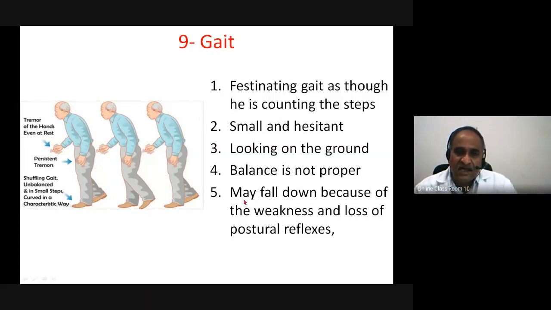Sometimes because of the poverty of movement or akinesia, he will not be able to come back to the original position. He may fall down because of the weakness of the muscles. So he will have a continuous, persistent tremor, shuffling gait, unbalanced small steps, the typical universal flexion. That is the gait of the individual.